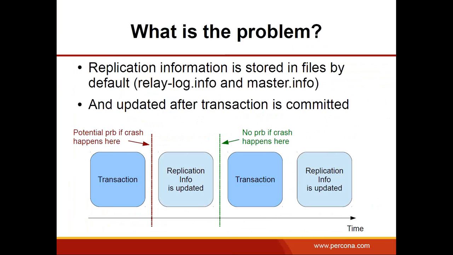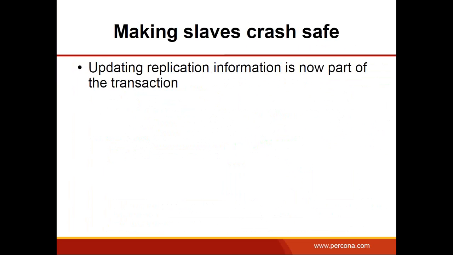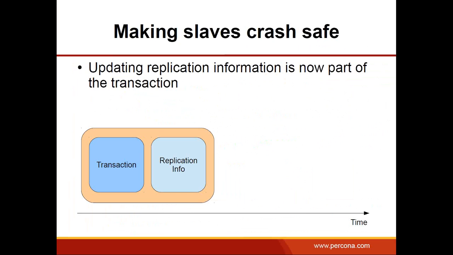So how can we make slaves crash safe? The idea, in MySQL 5.6, is to make the replication information update part of the transaction. So now, instead of having a transaction which commits and then the replication information update, you encapsulate the replication information update inside the transaction.